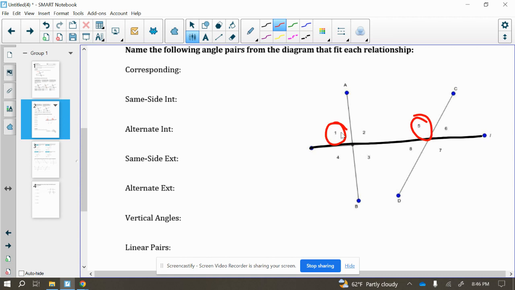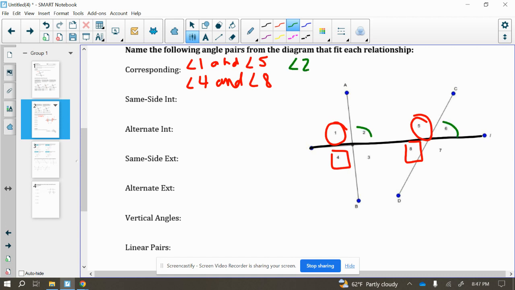These I like to think are like the upper left of our transversal. So we would say angle 1 and angle 5. Or we have, for instance, 4 and 8. And then we also have 2 and 6. Or we have 3 and 7.